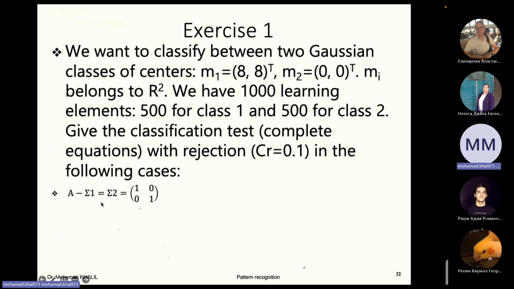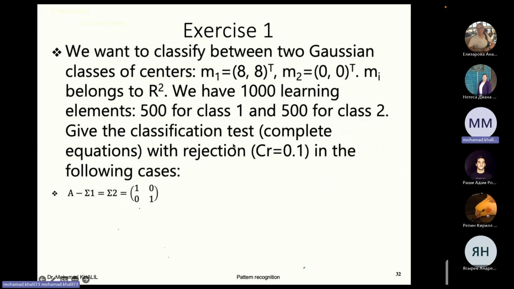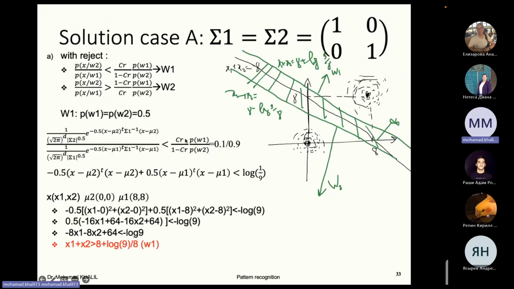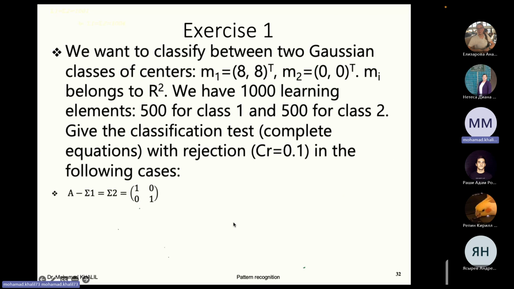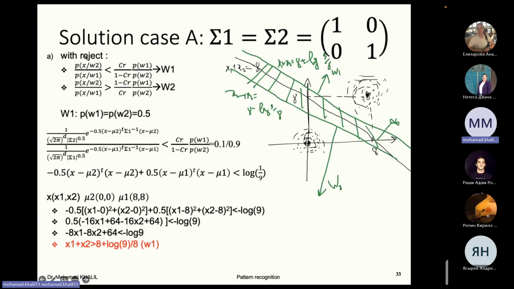So I would like to take the case of two classes. Please pay attention. With rejection, I cannot use the equation without CR. You have to use this equation: this over this is less than this, class 1, and this over this is greater than this, class 2. This is the equation when we have rejection.